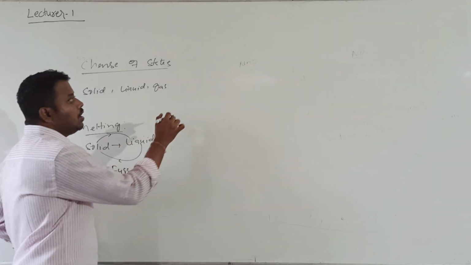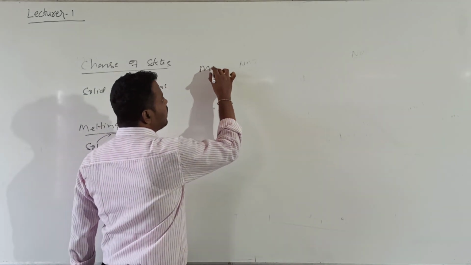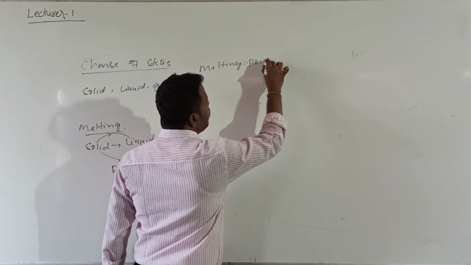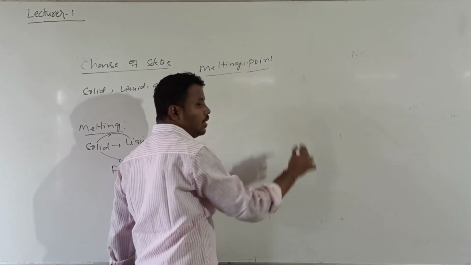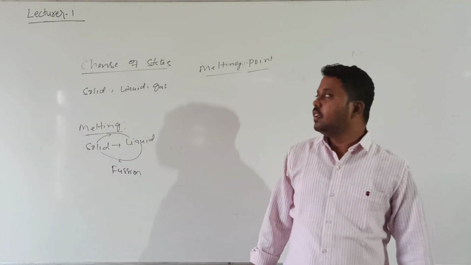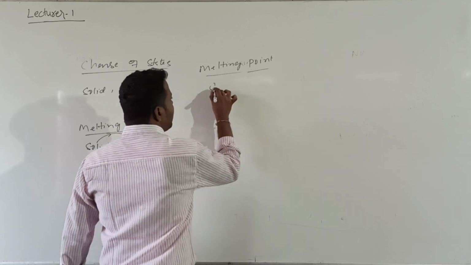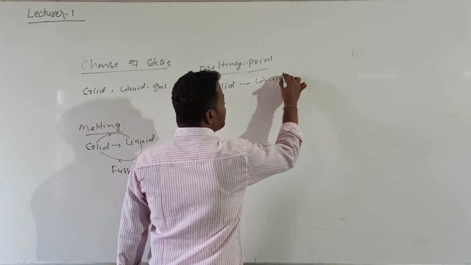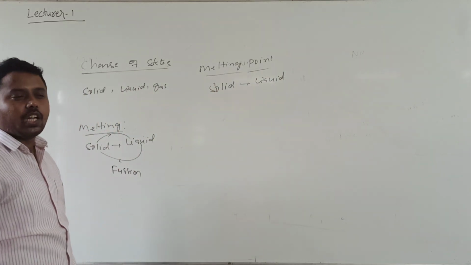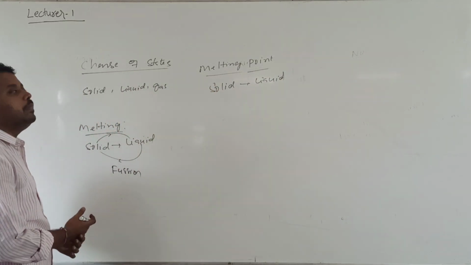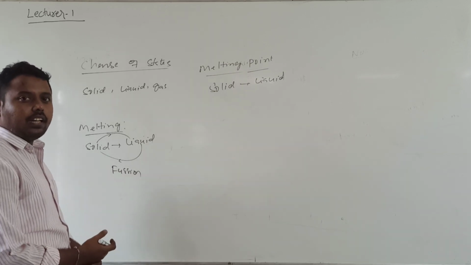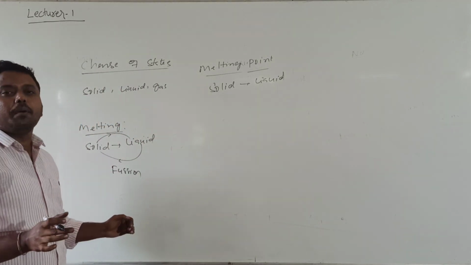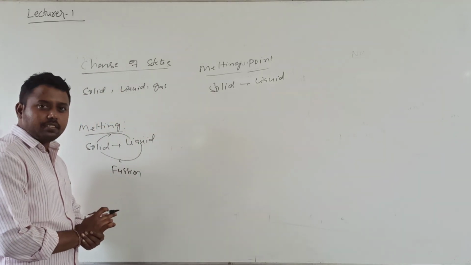What is the meaning of melting point? Melting point temperature, or simply melting point, is the constant temperature at which a solid is converted into liquid. The temperature at which solid converts into liquid is called the melting point. This melting point temperature is not the same for all solids.